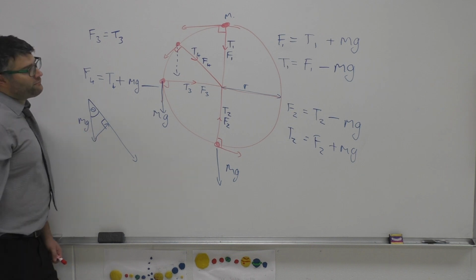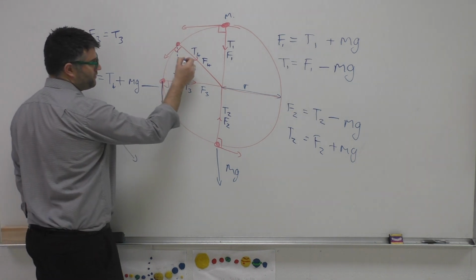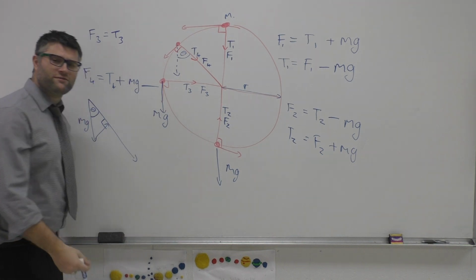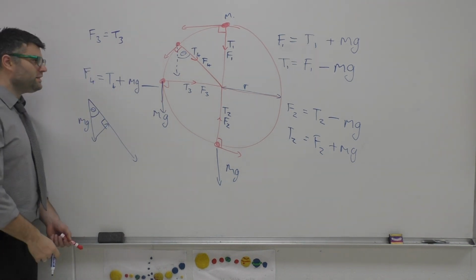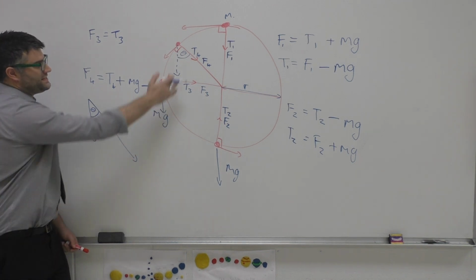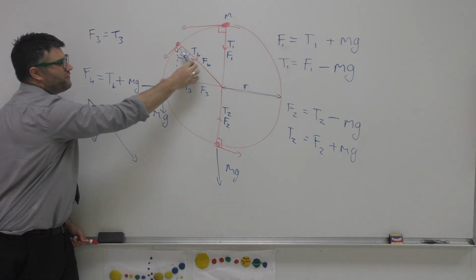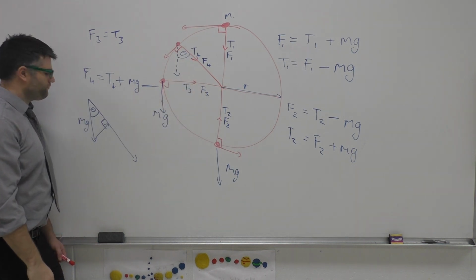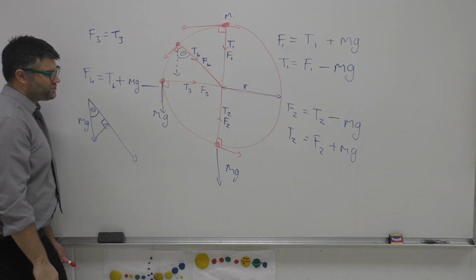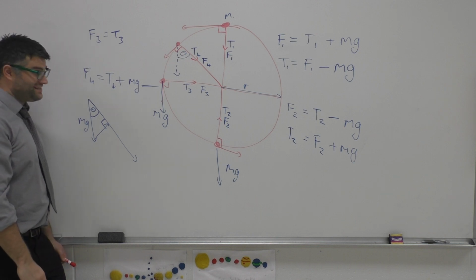Now for any reason you might not be given that value of theta, you might be given a different one, and you have to then plan your trigonometry accordingly. But for all intents and purposes, I'm going to suggest we've got this angle right here, the angle from the vertical to the angle of the force that we're looking at, the centripetal force, in this circumstance.